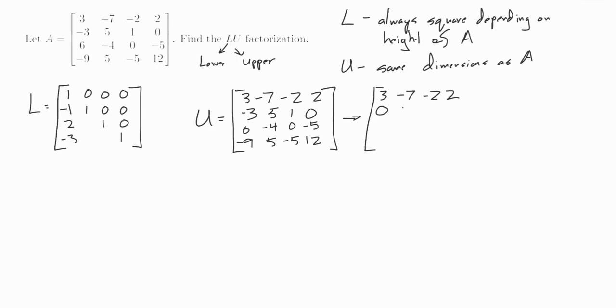Let's see, we'll subtract -2 times 2, so that will be adding 4. And then we will subtract another 4 from -5 to give us 9. And then finally, we'll add 3 times the top row to the last row to zero out that -9. And we will get, let's see, -16. Let's see, add negative, we'll get -11. And if we add 6 to 12, we'll get 18 here.